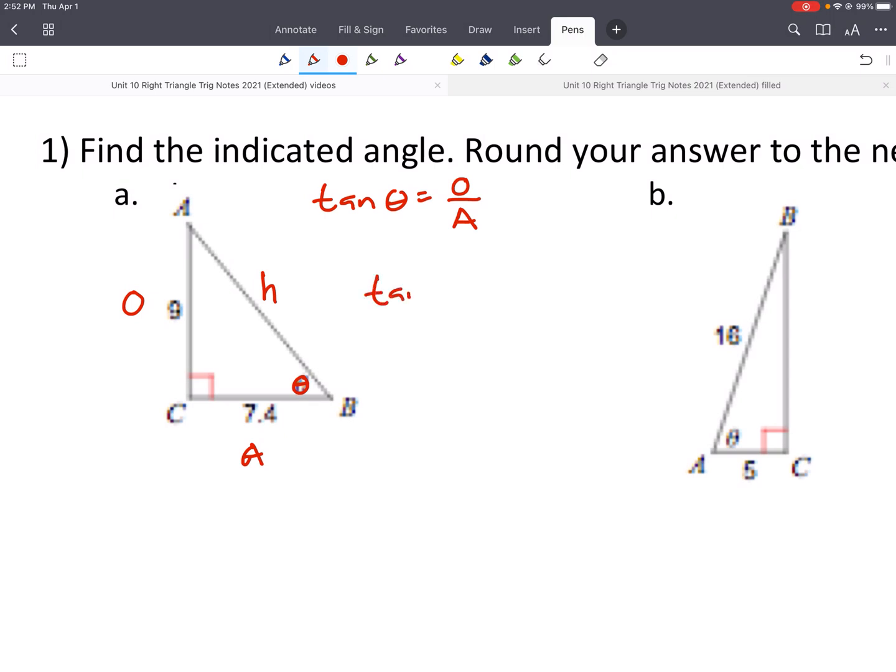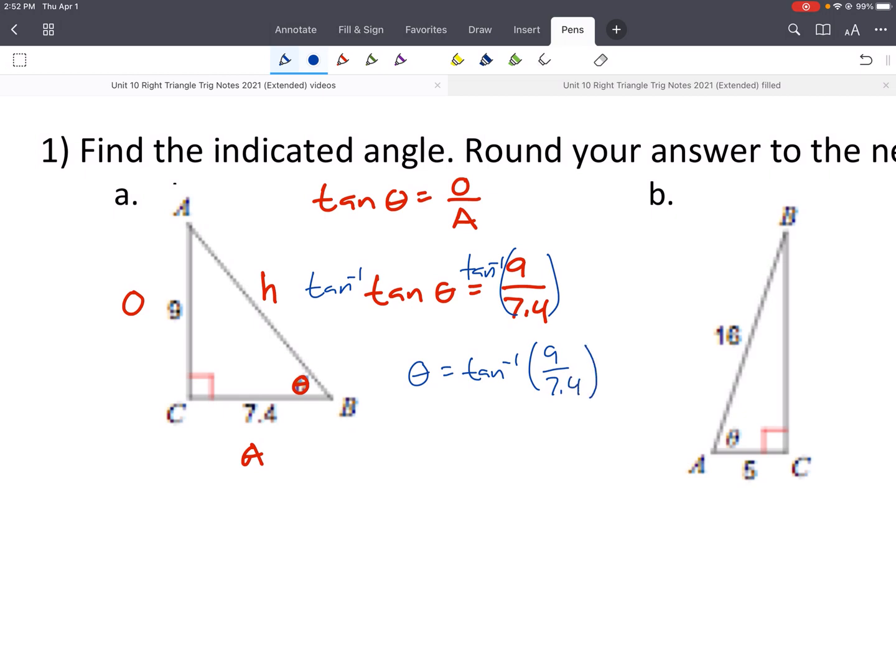We get tangent of theta is equal to opposite over adjacent. And then we need to solve for theta, so we'll do tangent inverse on both sides, and we get theta is equal to tan inverse of 9 over 7.4.